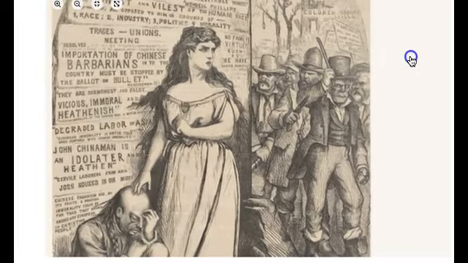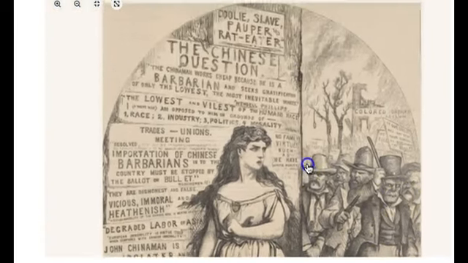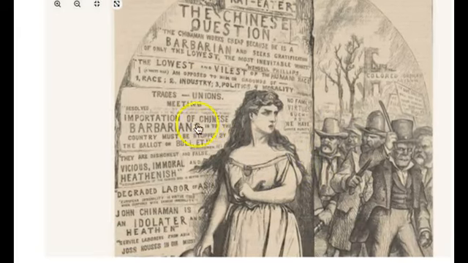It's kind of assumed here, based on the way that they're dressed, that these are probably going to be immigrants who are maybe Irish, potentially Scottish or English or something like that as well. But here we can see, again, the idea is that they're trying to figure out what to do with the Chinese. So they're referred to as Chinese barbarians.